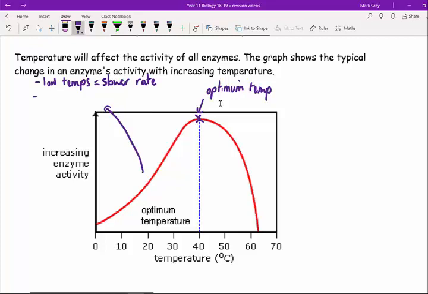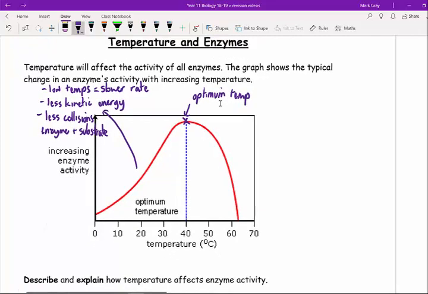Now that is because at low temperatures there is less kinetic energy, so there are less collisions between the enzyme and substrate, so the reaction is very, very slow. Whereas here, when we get to the optimum temperature, the reaction is fastest.